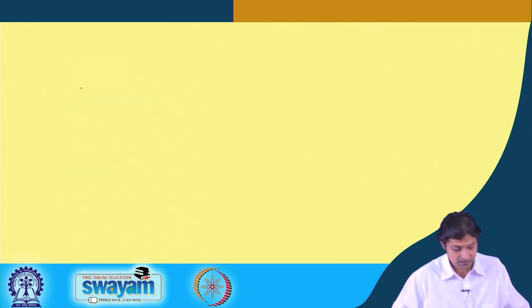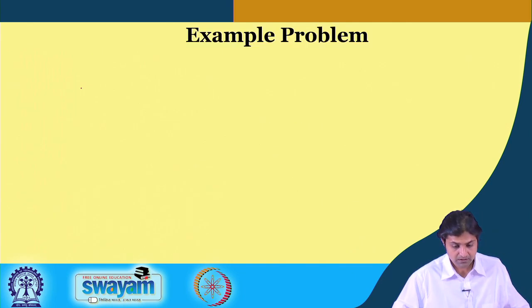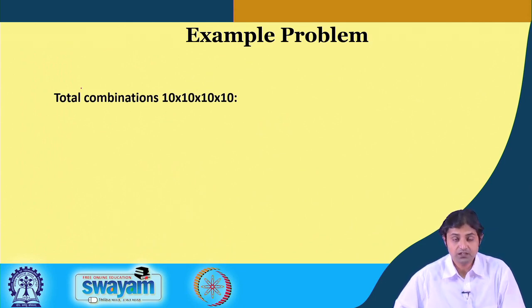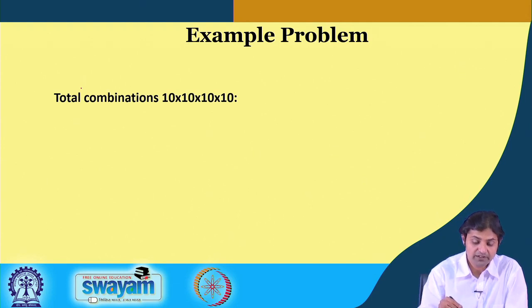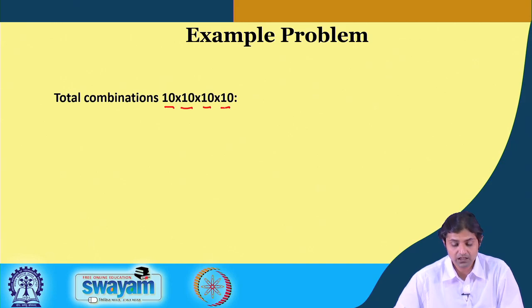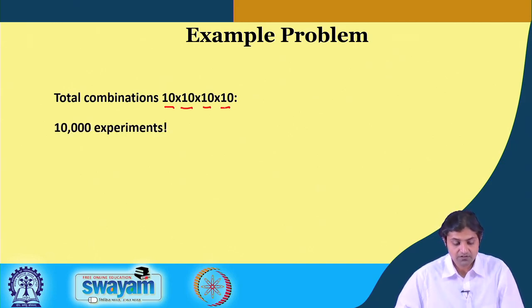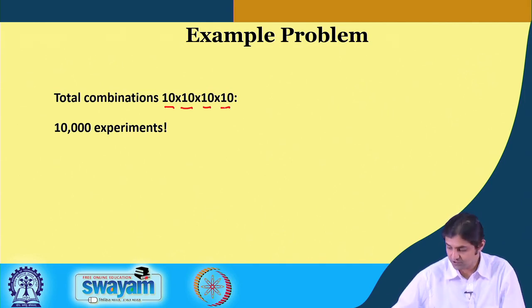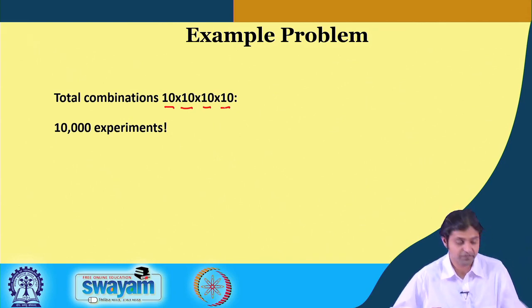So, total combinations, because there are 4 variables. What is going to be the number of experiments? 10 into 10 into 10 into 10, right. So, there will be 10,000 experiments that we have to conduct, and conducting 10,000 experiments to make it more widely applicable is not a very good idea. This is definitely possible, but normally it is not preferred.